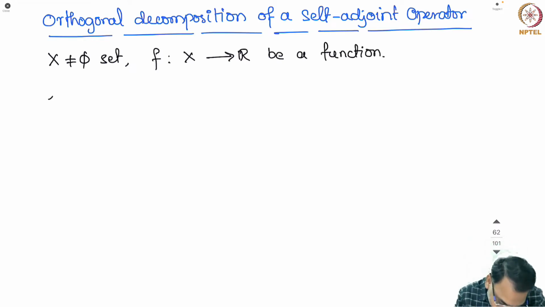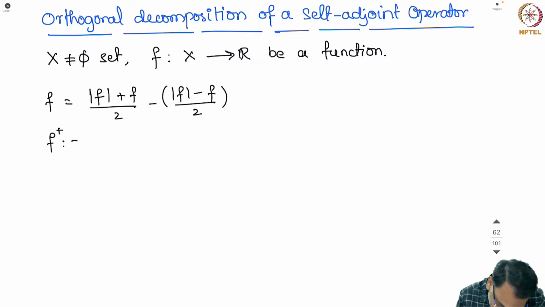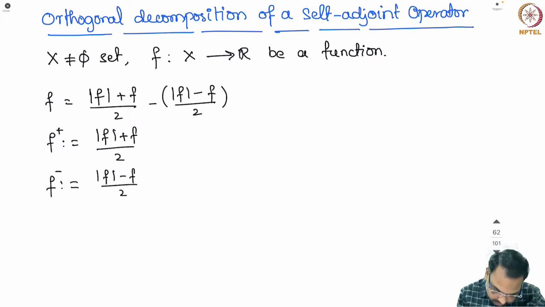Now we can write f as (|f| + f)/2 minus (|f| − f)/2. We can again write f plus as (|f| + f)/2 and f minus as (|f| − f)/2, and these two functions f plus and f minus are positive functions.